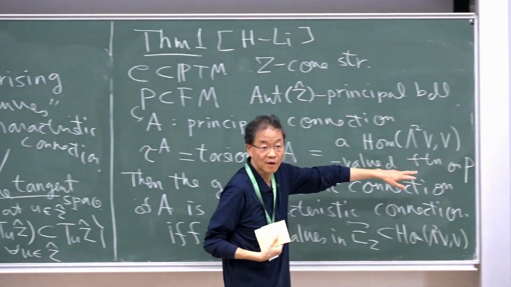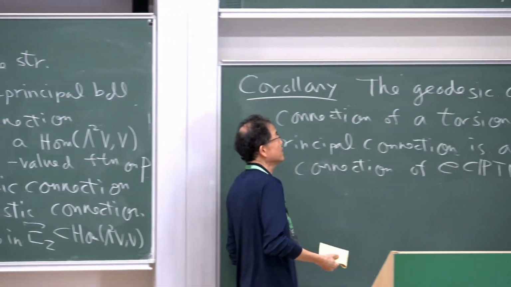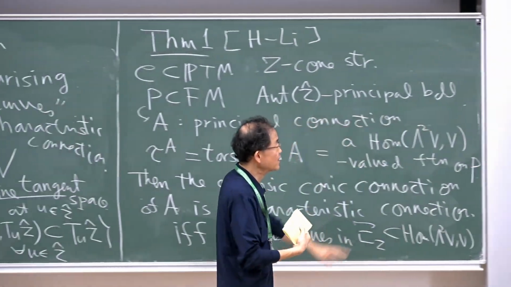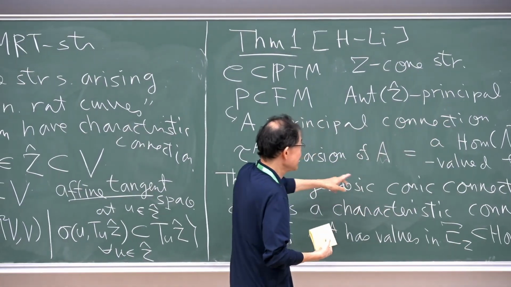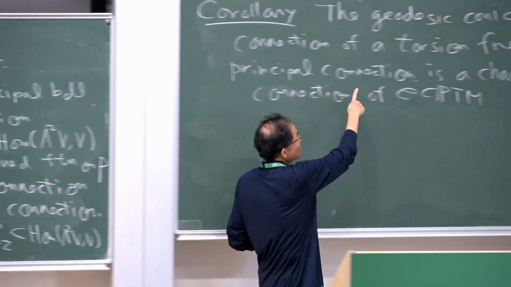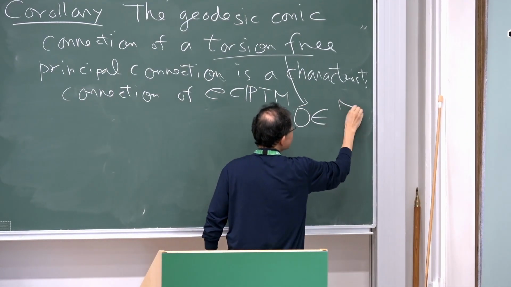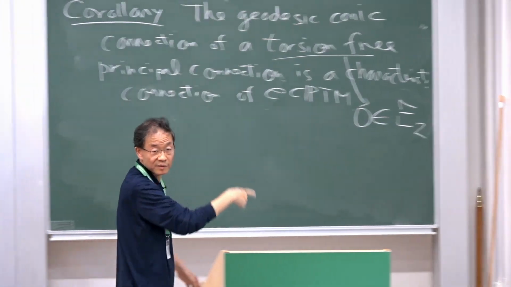The geodesic conic connection of a torsion-free connection is a characteristic connection because torsion-free means that torsion has values in 0, and 0 is certainly inside this space.